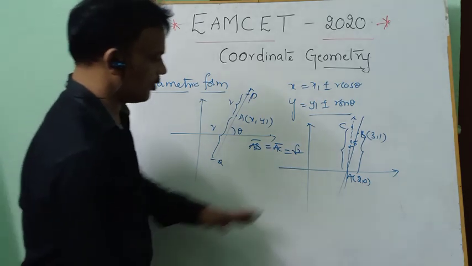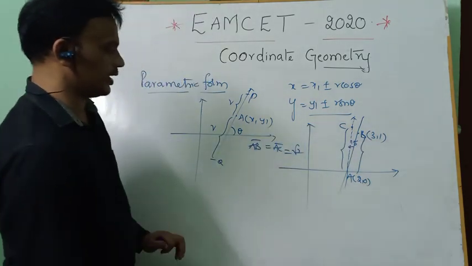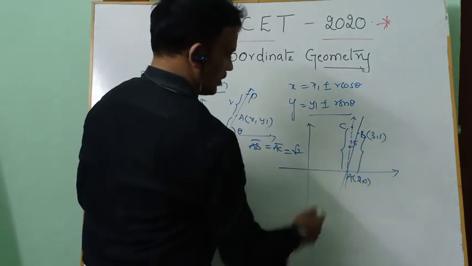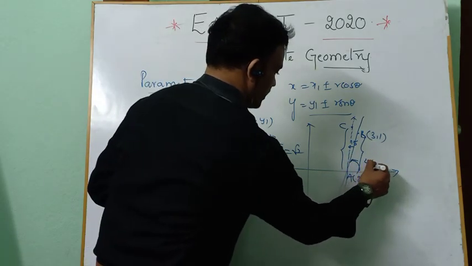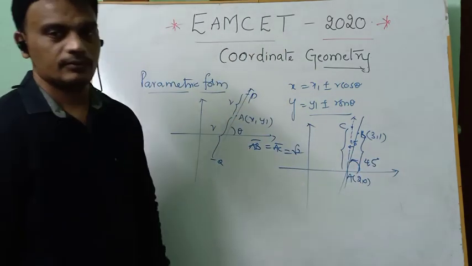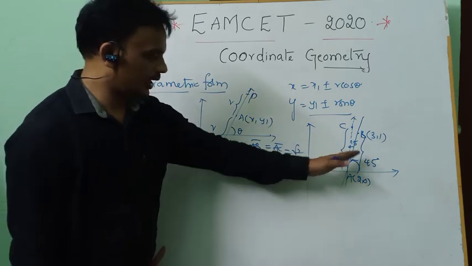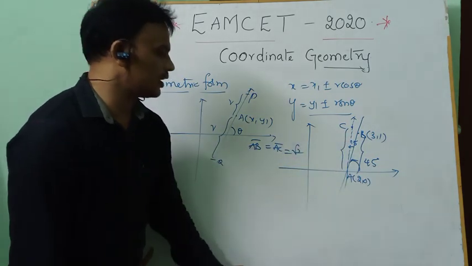And first of all, how much angle is it making before rotating? It is 1 by 1, so it is 45 degrees. So before rotating it is 45 degrees, and it is then rotated by 15 degrees.